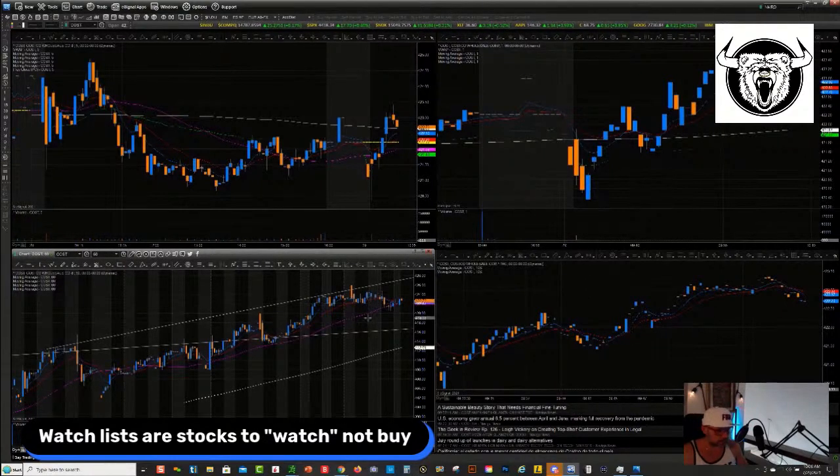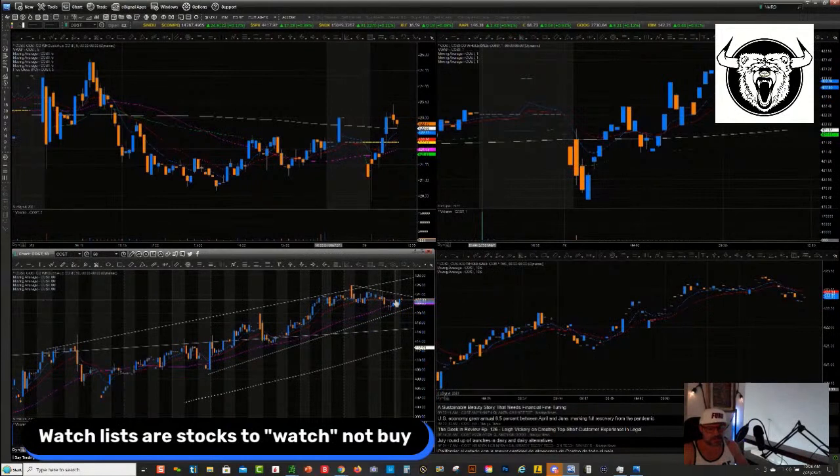Although on an hourly, right here, it might be holding support. It's up near this resistance level at the moment. It's up against resistance on the hourly, so you got to keep an eye on it. Not really waiting for it to come back, but it's one that you watch every day.